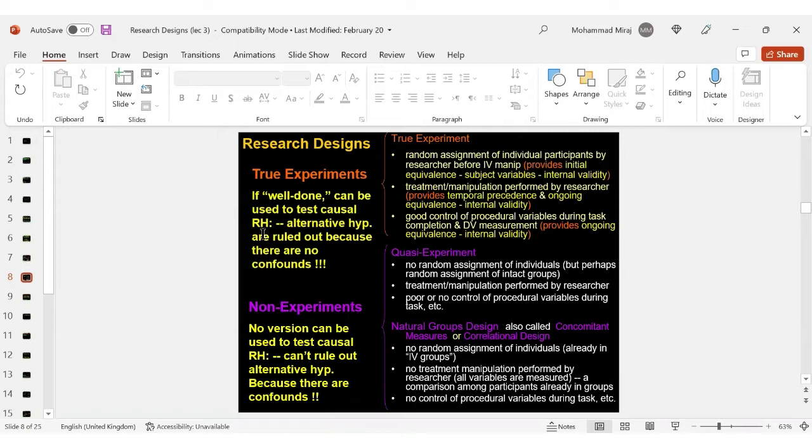Single blinded means the participants will not know what is happening to them. But in case of a double blinded study, the participant as well as the person who is doing the intervention, both of them will not know to which group the participant will belong.